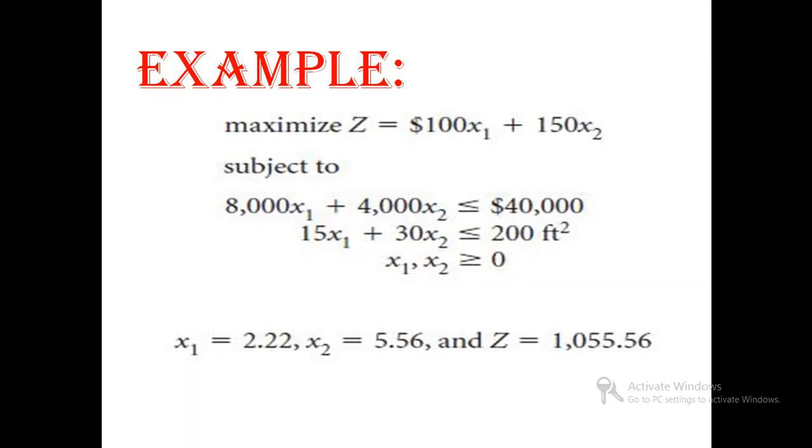Hello friends, in today's lecture I am going to explain the branch and bound procedure for solving integer programming problems. The beauty of the branch and bound algorithm is that it can solve both mixed integer and all integer linear programming problems.